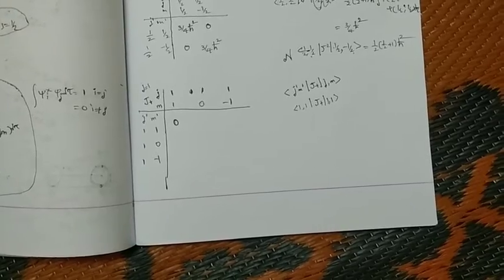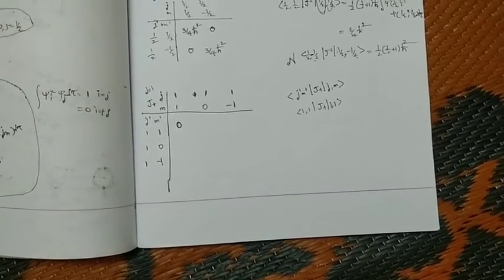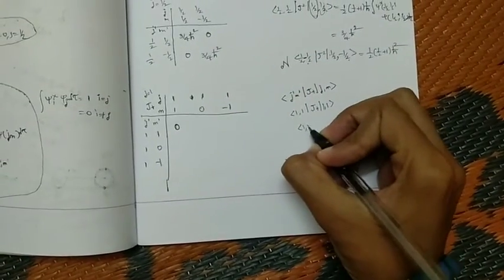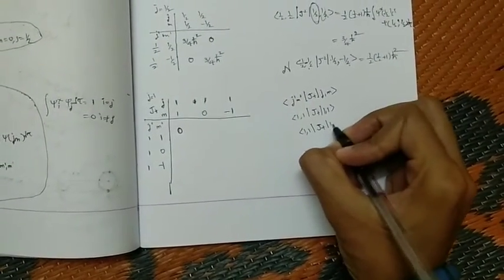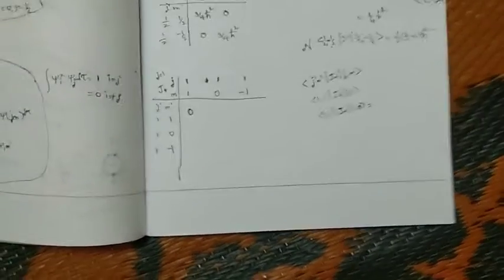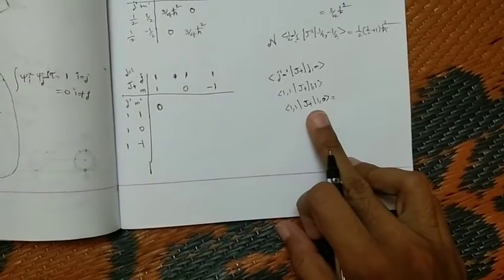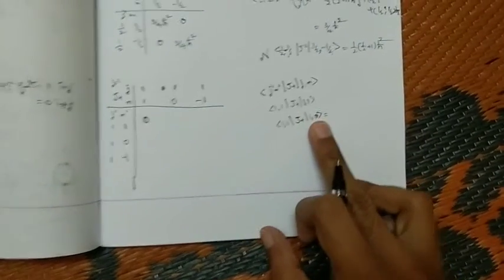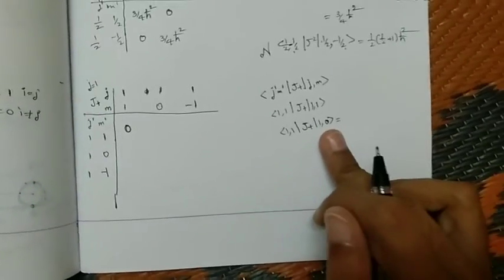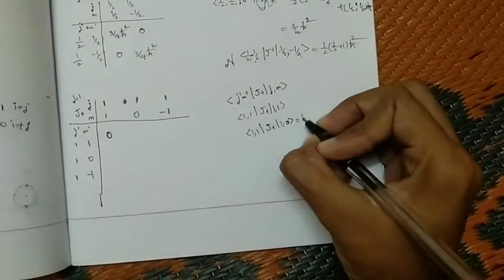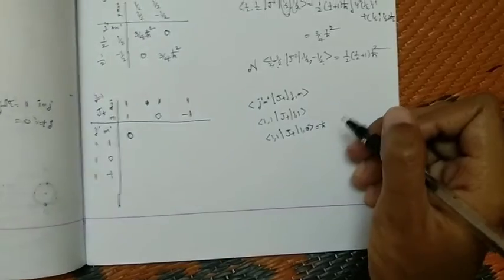And next let us switch to the next element, that is 1 comma 1 J plus 1 comma 0. In this case, J plus operates on this wave function, and the eigenvalue of J plus is h cut into root over J minus M into J plus M plus 1.